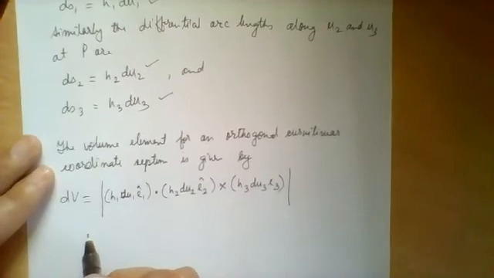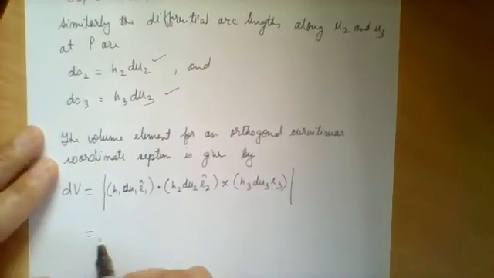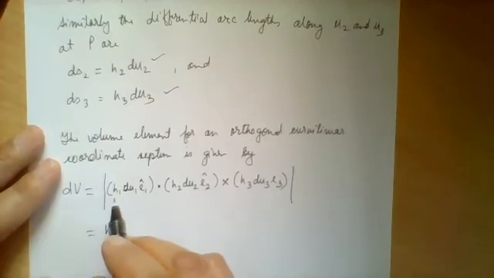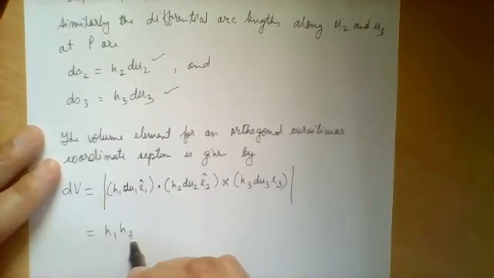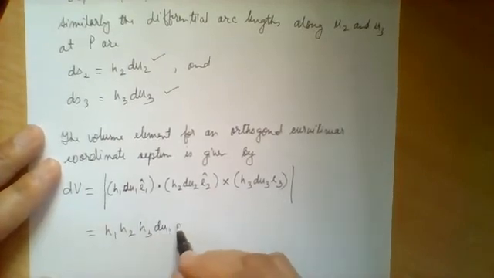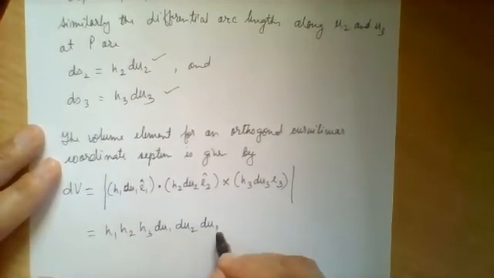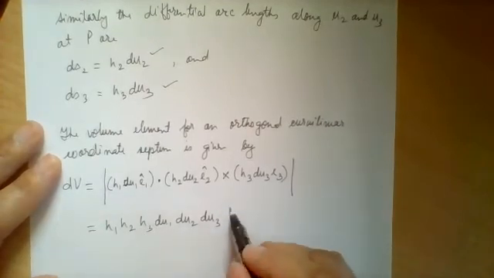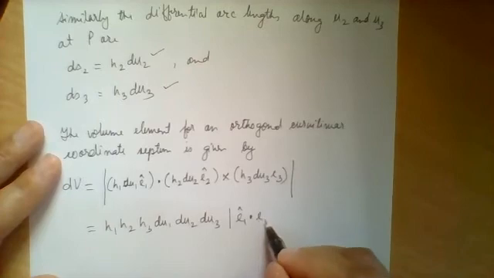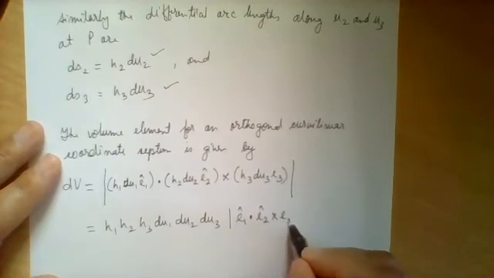So h1 du1, h2 du2, h3 du3 I can take outside, and what remains is e1 dot e2 cross e3.